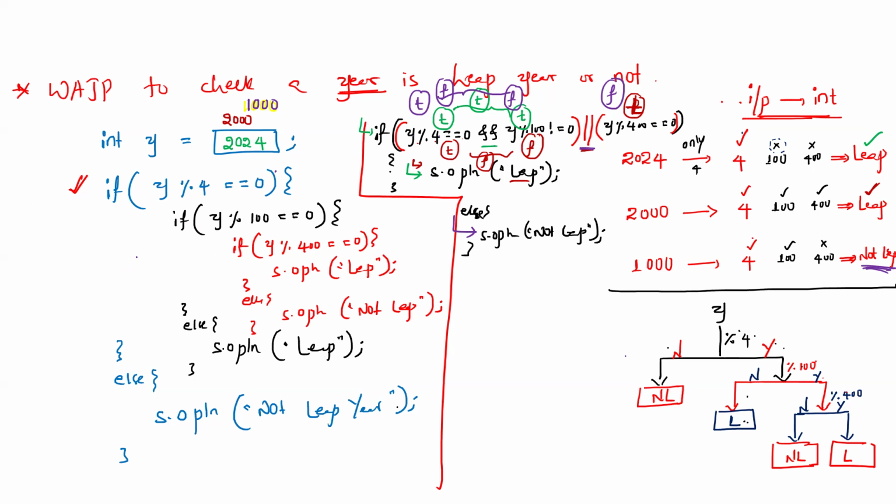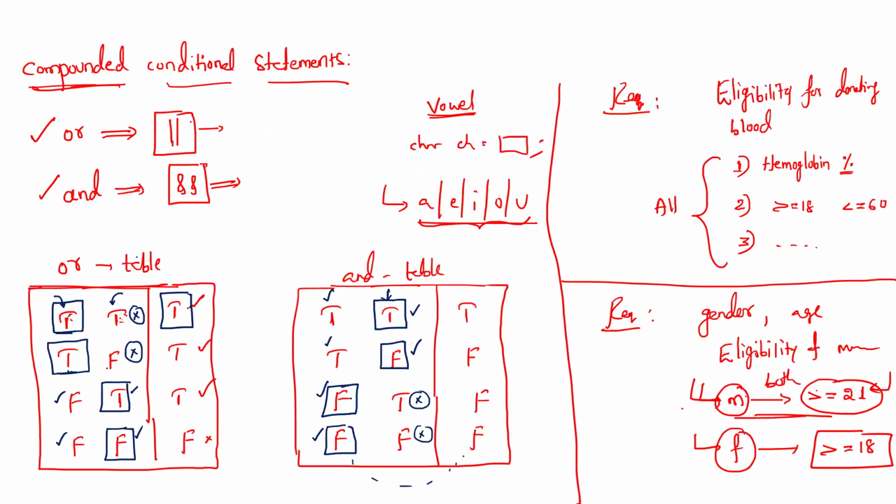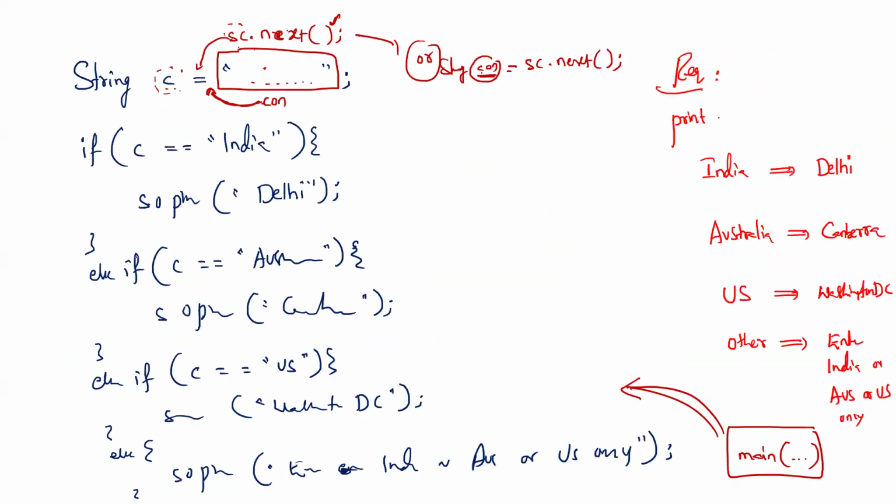Then next, the order of condition blocks is important or not important? Can we write in any order, or do we have to follow some order? Order is important? For example, let me come back to one of the previously discussed programs. So here, first, which condition are we writing? The condition for checking is India. Second, we are writing for Australia. Third, we are writing for US.